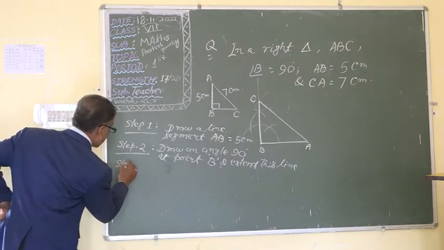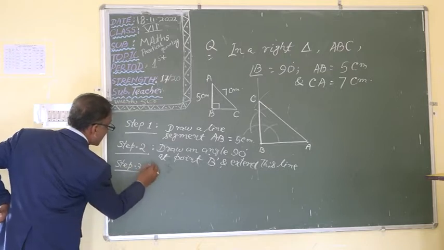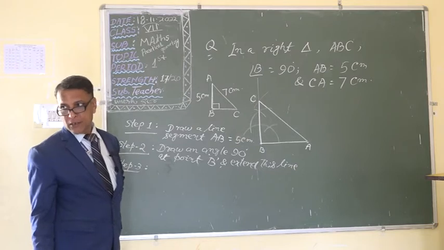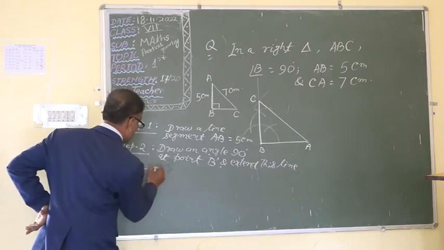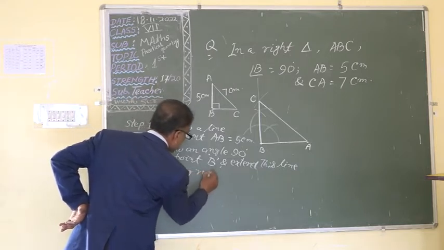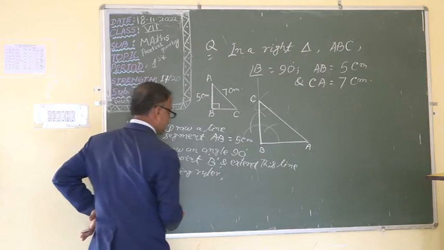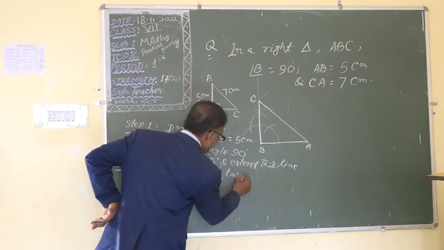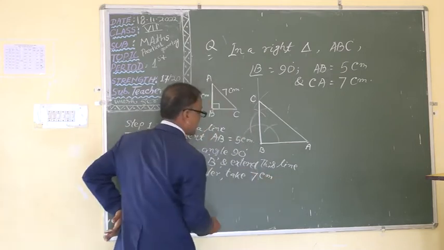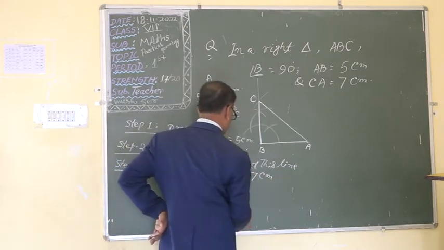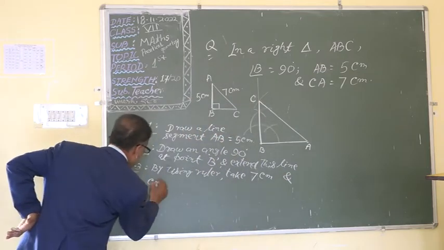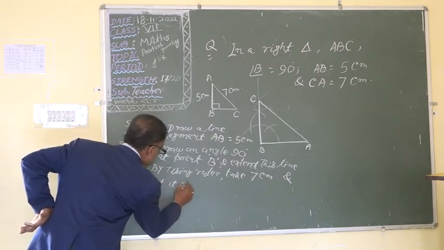Step 3. Taking 7 centimeter from your ruler, by using ruler, ruler means scale. Take 7 centimeter and cut it over.